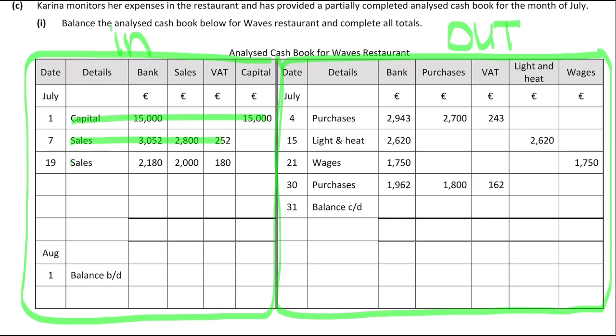You have sales and sales again, so we have two amounts of sales and two amounts of VAT. In the bank column we have the total including VAT. Under the sales we just have the amount excluding VAT, and then we have the VAT here.